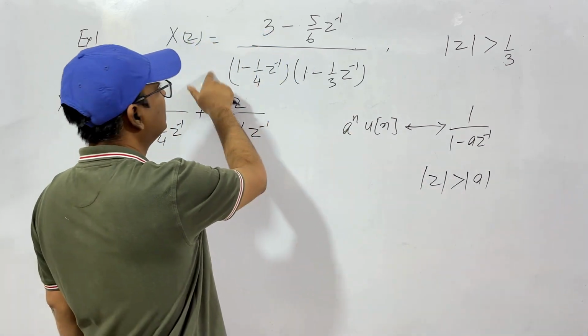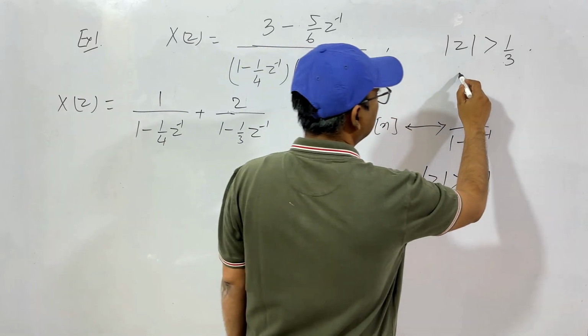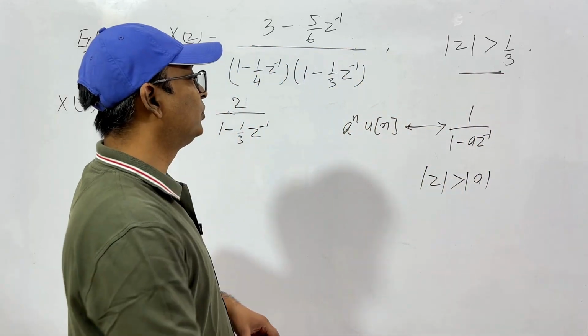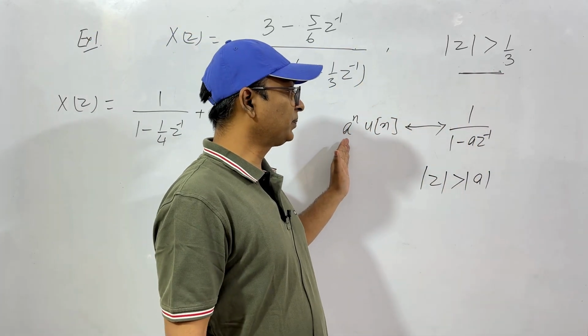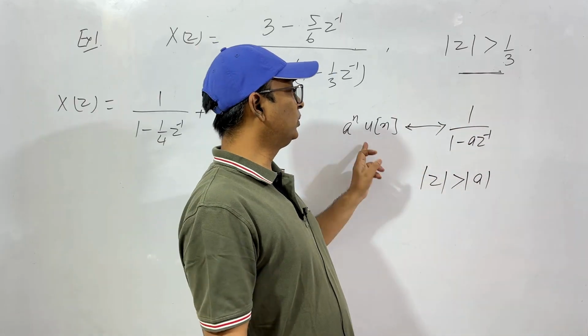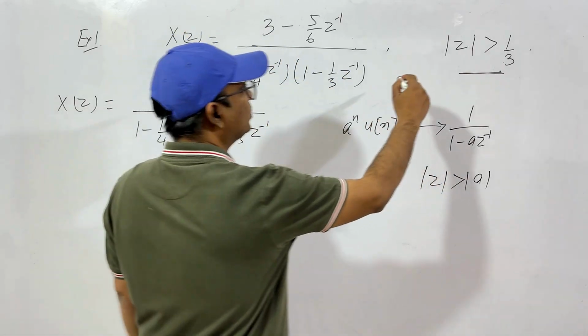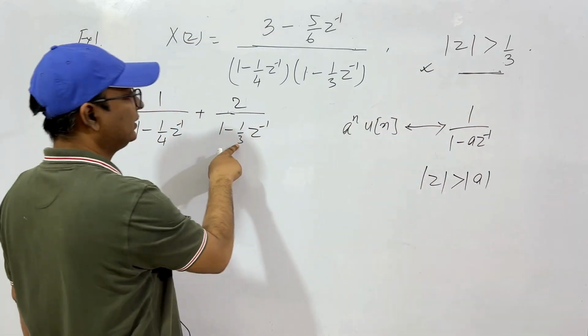We will solve this example in 3 different regions of convergence. The first is z greater than 3. When we were discussing this problem, we learned that this X(z) is equal to this x[n] when z is greater than a. That is, in the question it's given this is greater than this. Our a is 1 by 3.